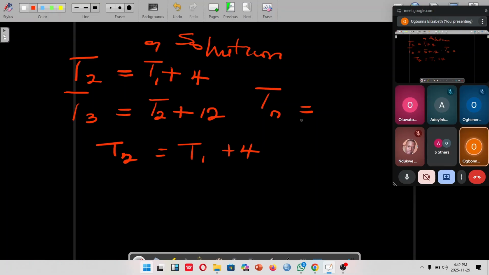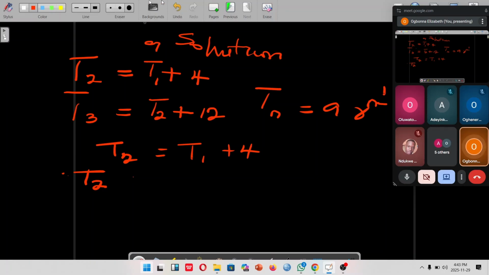So let's see. We have A R^(n-1). Minus 1. Let me put it up there. And so if that's the case here, it means our T2 will be what?